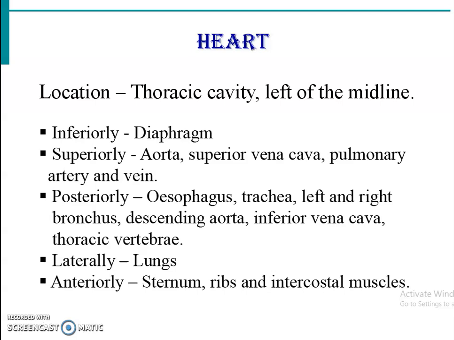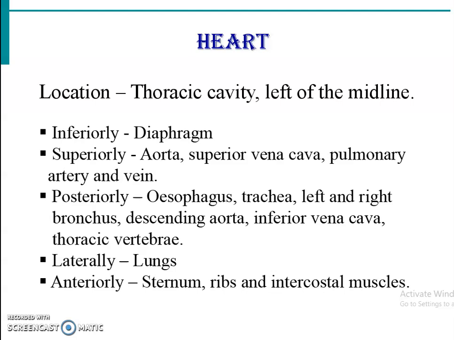Next, posteriorly, just behind the heart, the organs present are mainly the esophagus, trachea, left and right bronchus, descending aorta, inferior vena cava and thoracic vertebra. These are the structures present behind the heart.